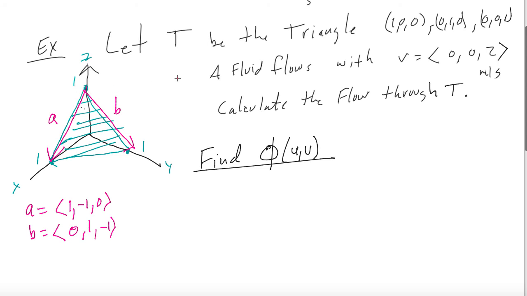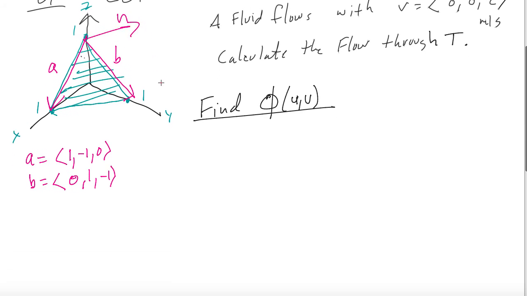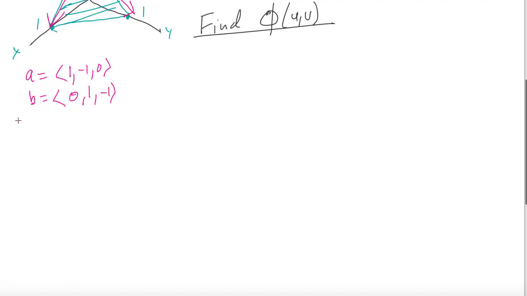I'm looking for the normal here, so that normal is going to come shooting out here. I'm just going to cross those, of course, A cross B. So that's going to be i, j, k. We did this before.